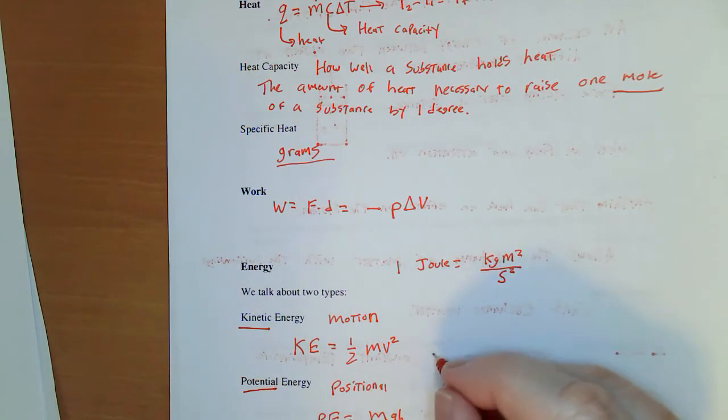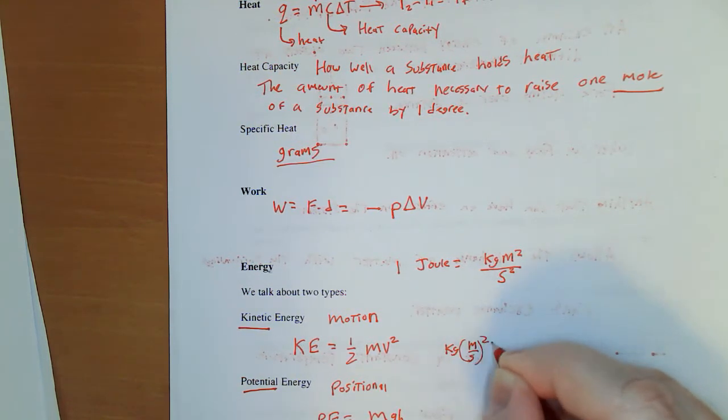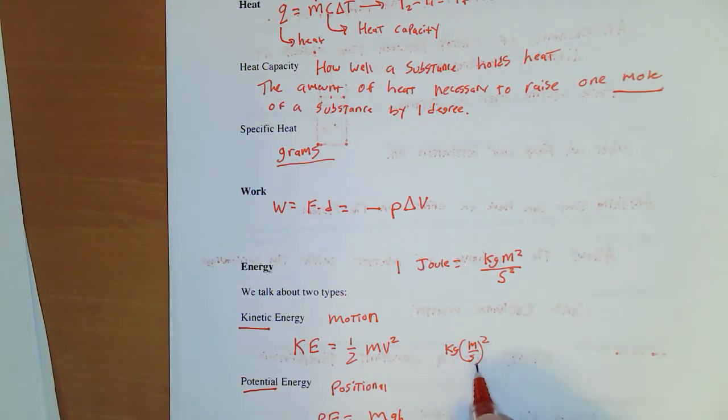Let's look at units. Mass, kilograms. Velocity, meters per second quantity squared. That's a kilogram, meter squared per second squared. That's a joule. Now, potential energy, mass, kilograms. G, the acceleration due to gravity, okay, is going to be in meters per second squared.